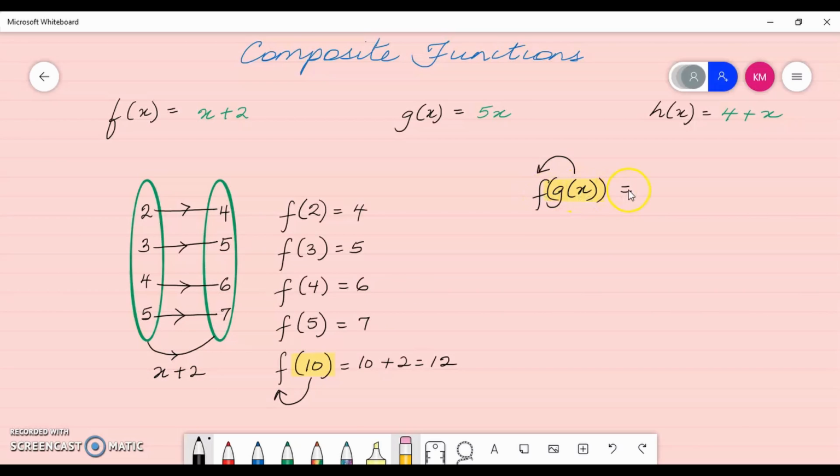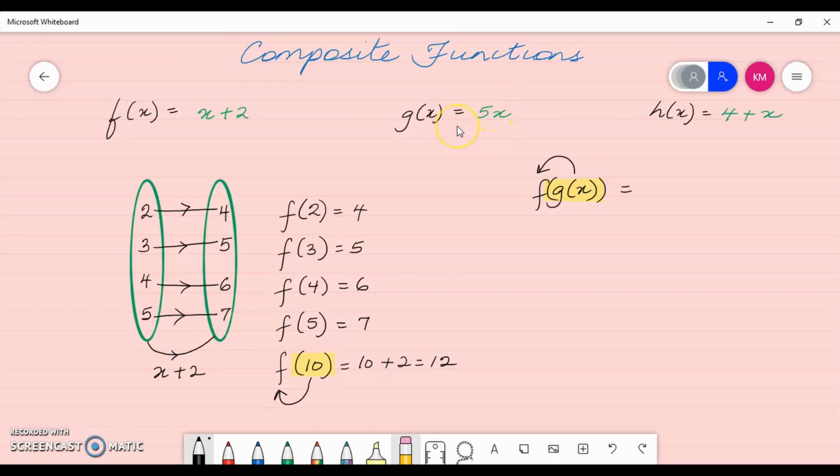Now, in composite functions, for example f of g of x, you are going to take g of x and put it into f by replacing x with g of x.